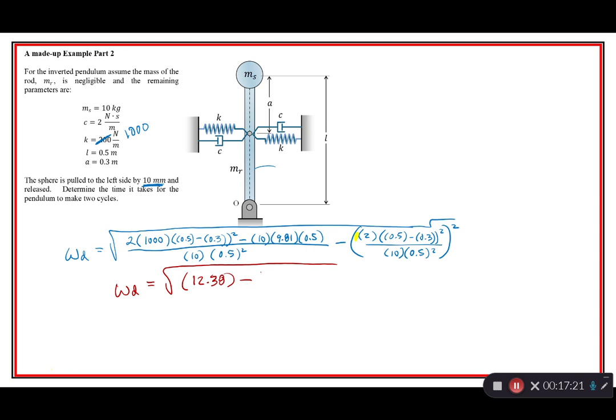That needs to be squared and multiplied by 2, divided by 10, and divided by 0.5 squared, or 0.25.